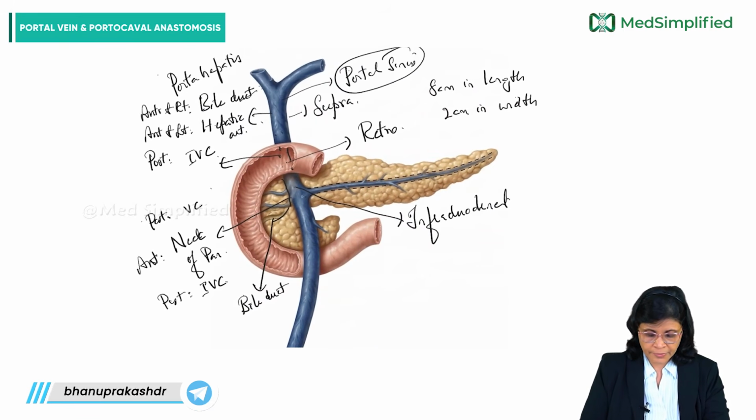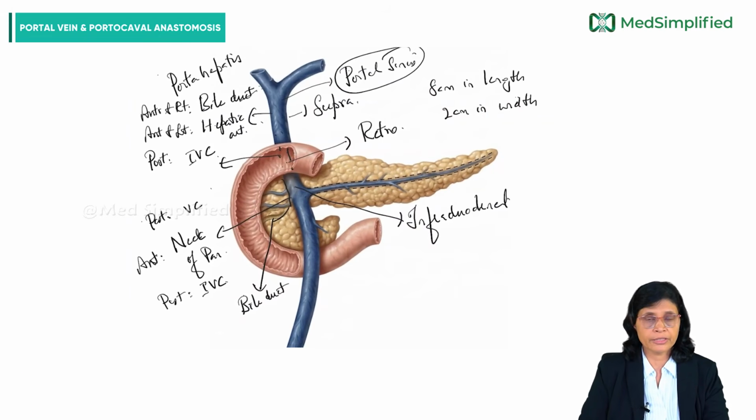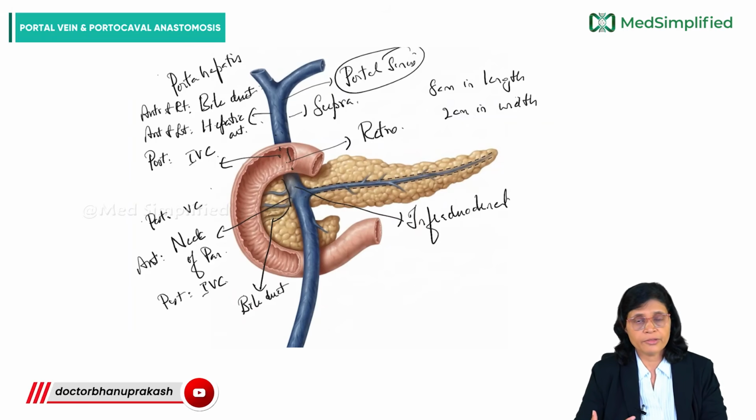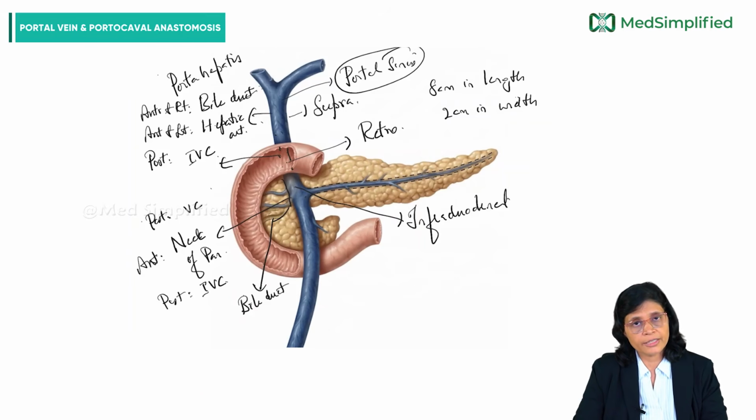So extrahepatic we divide into infraduodenal, retroduodenal and supraduodenal, three parts in relation to the duodenum. Infraduodenal: in front we will have the neck of the pancreas, behind there is the inferior vena cava, and to the right side there is the bile duct. Retroduodenal: in front there is the duodenum, behind there is the inferior vena cava.